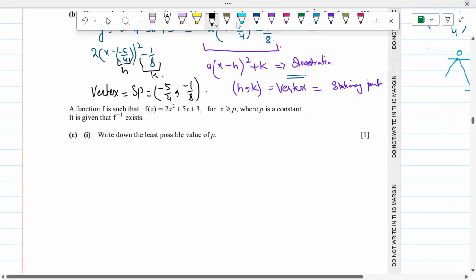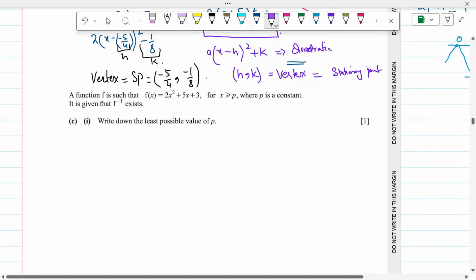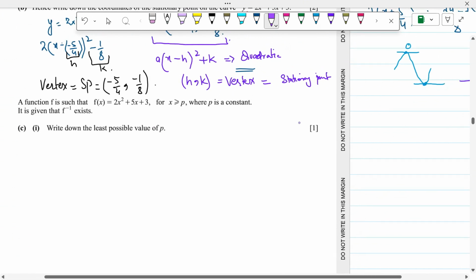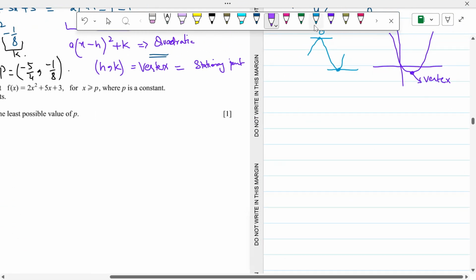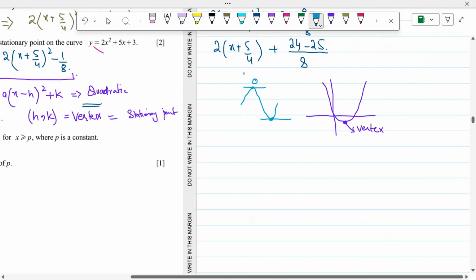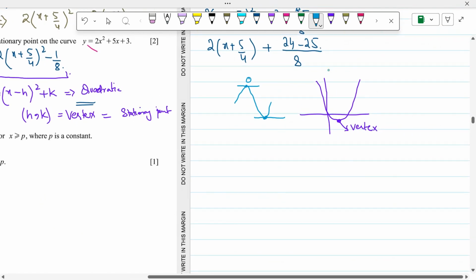Now, part C. A function f is such that f(x) = 2x² + 5x + 3 for x greater than or equal to p, where p is a constant. It is given that the inverse function f⁻¹(x) exists. Write down the least possible value of p. I just told you that this quadratic function will have this type of shape.